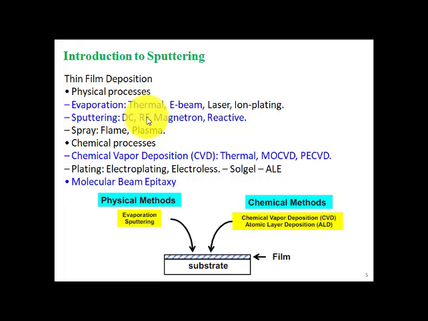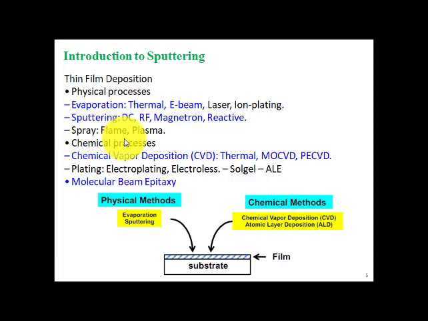Another method can be sputtering, and there are different types of sputtering like direct current, DC sputtering, radio frequency, magnetron sputtering, reactive sputtering. Another physical process is spray. This can be carried out by flame or by plasma.